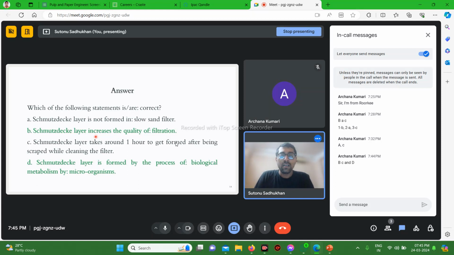It cannot happen within 1 day of time, right? So how can it be possible that within 1 hour it can happen? If within 1 day it cannot happen, and it reaches the ripen stage only after 1 week if no backwash is given, then within 1 hour how can it get formed?